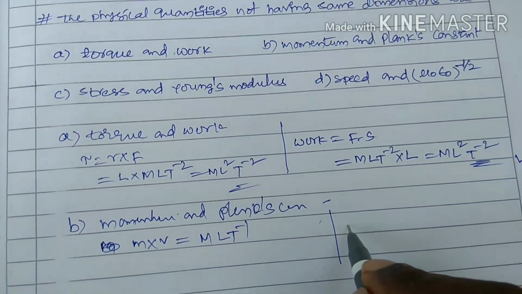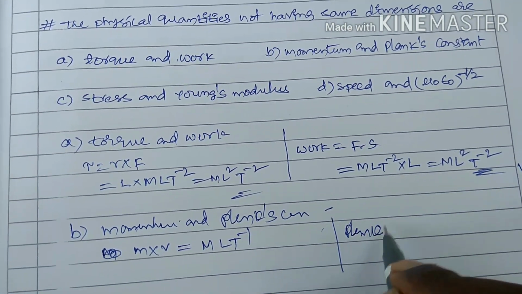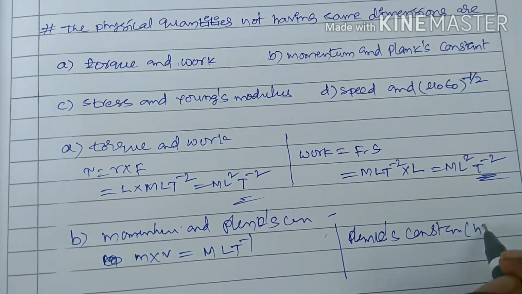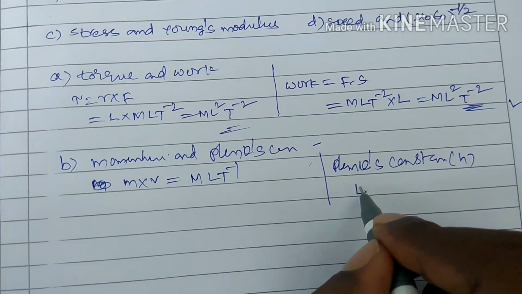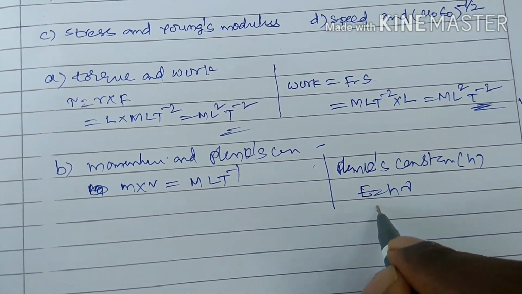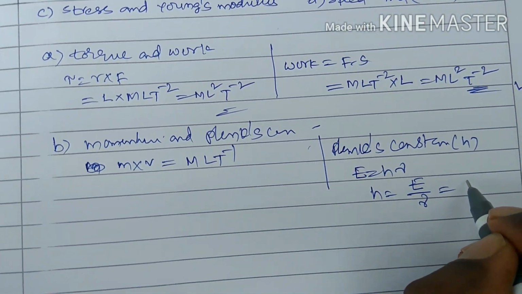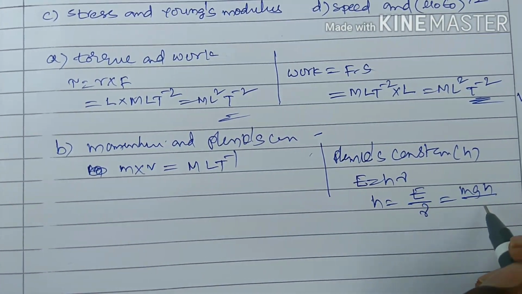Coming to Planck's constant h, it can be written as E is equal to h nu, so h is equal to E by nu. E is energy, that is mgh, divided by nu.